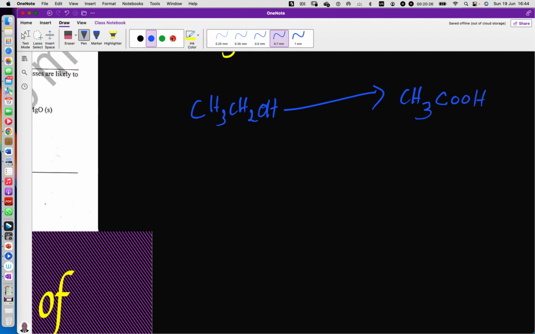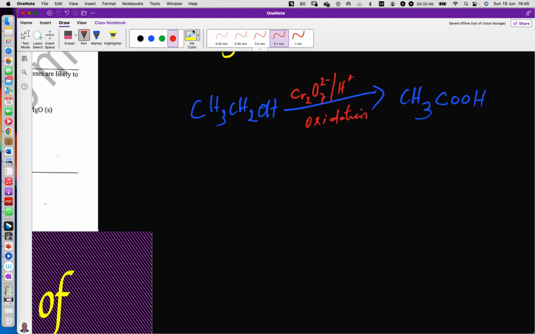Here, what has been done is that it is acidified dichromate, and there is oxidation that is taking place.